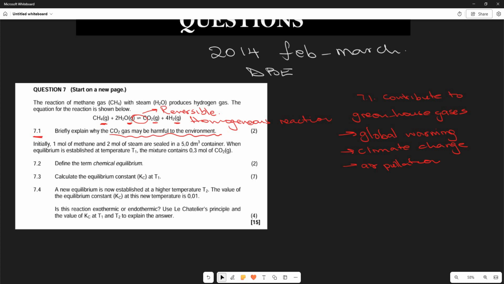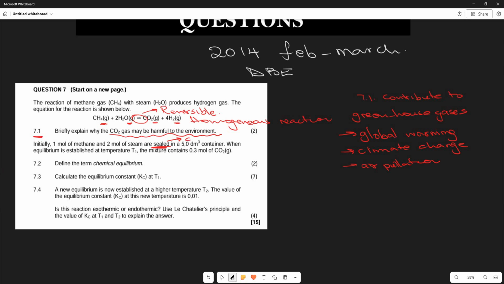So initially, 1 mole of methane and 2 moles of steam are sealed in a 5.0 dm cubed, or decimeter cubed, container. I'm interested in the term sealed there. The term sealed is informing us of the system that we are dealing with.